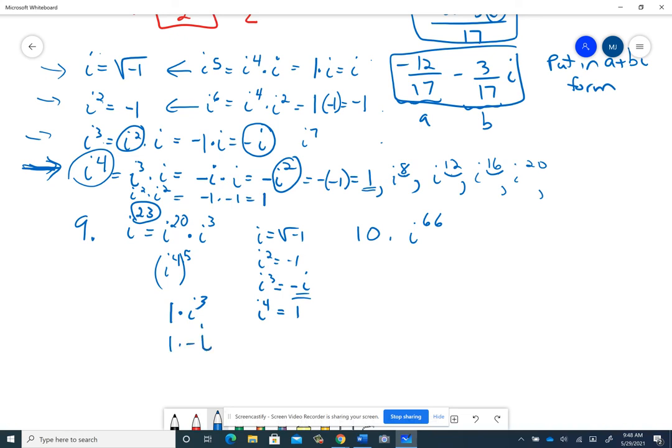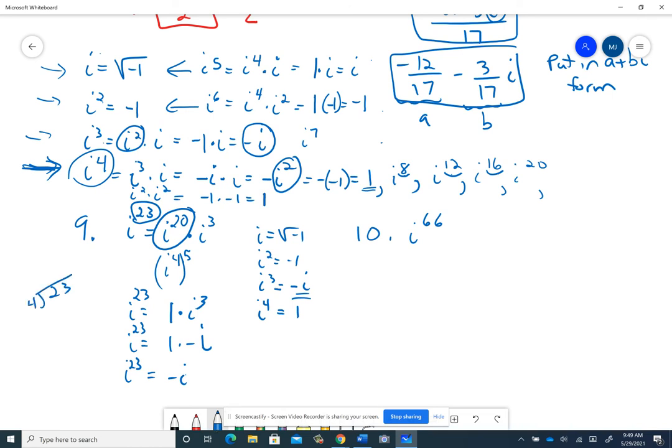And you always write your i with that little tail on it. So i to the 23rd would equal -i, once you simplified it. So you kind of look for multiples of 4, okay? And I think that works really well. Now, there's a way you can use division to help you with that.